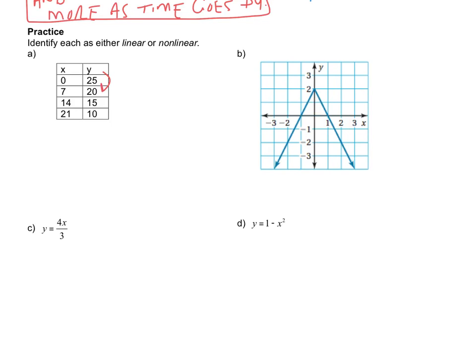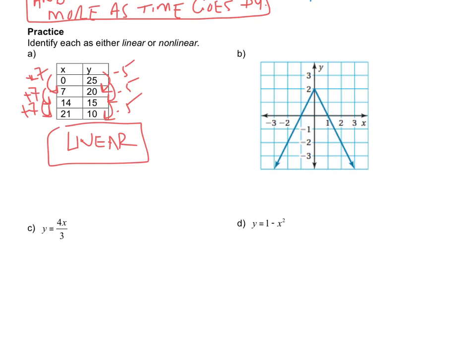So if I look at my y's, we're going down by 5s. And at the same time, we're going up by 7s. So that would definitely mean this is linear because I can determine a single slope for the entire table.